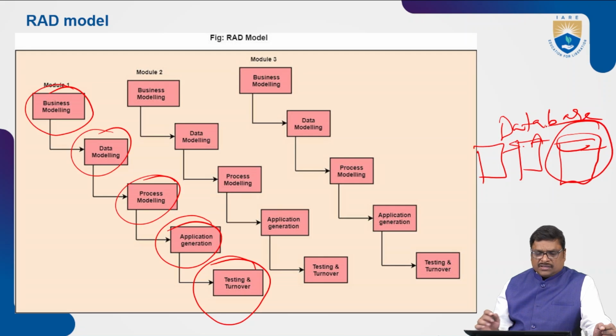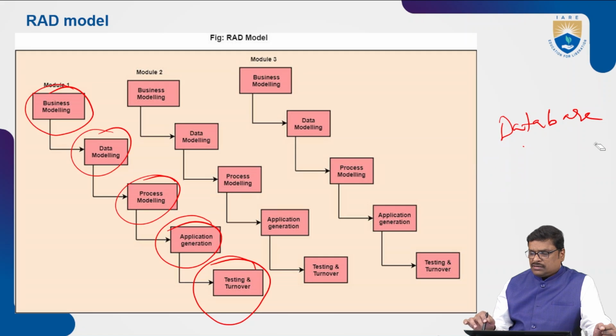Here the data modeling, how the data transactions happen, has to be done. How the data is going to be arranged. Data modeling is done as the second step in any RAD model.